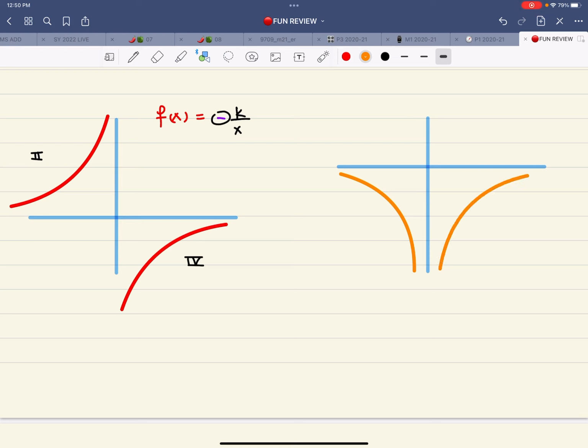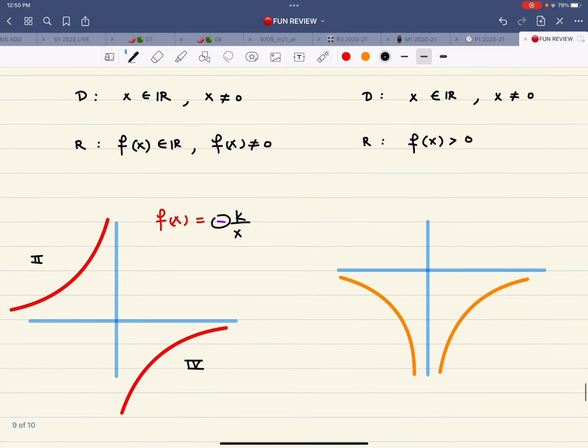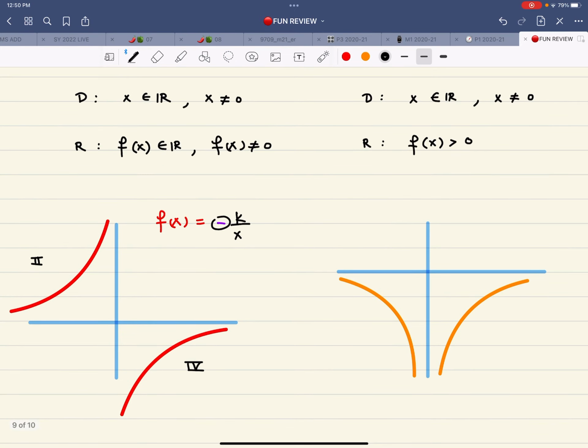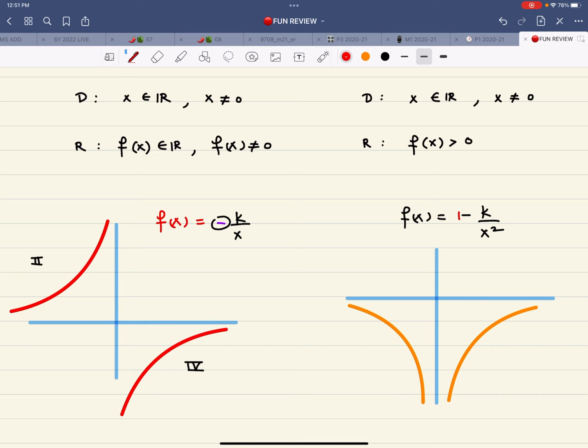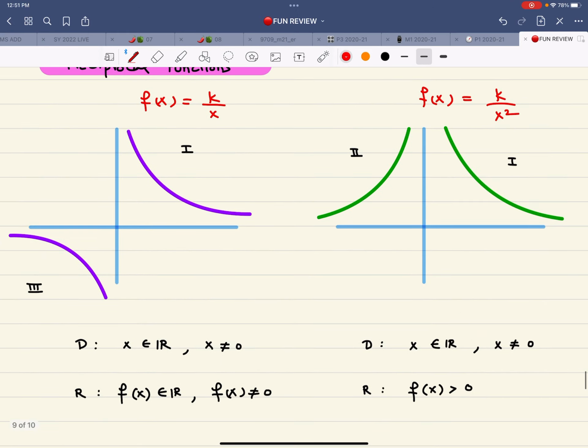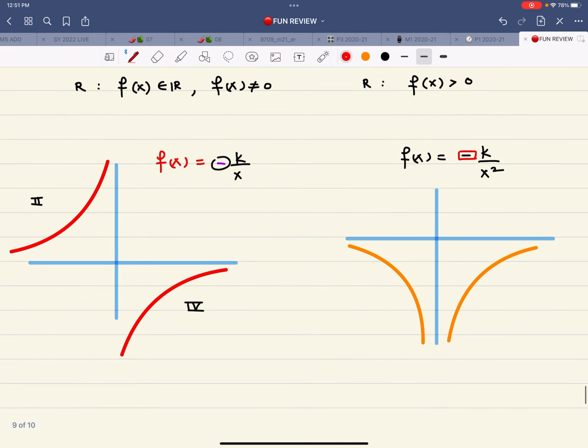So therefore, f(x) equals negative k over x squared. Because of this negative sign, it gets flipped. The first goes to third and second, this is fourth and this is third. So this is the basic idea about this.